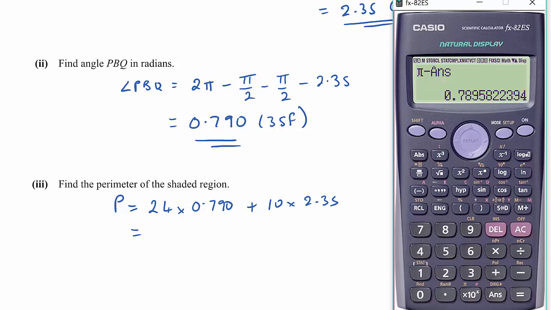So we've got 24 multiplied by 0.790, add 10 times 2.35. Oops, I've got double times in there.